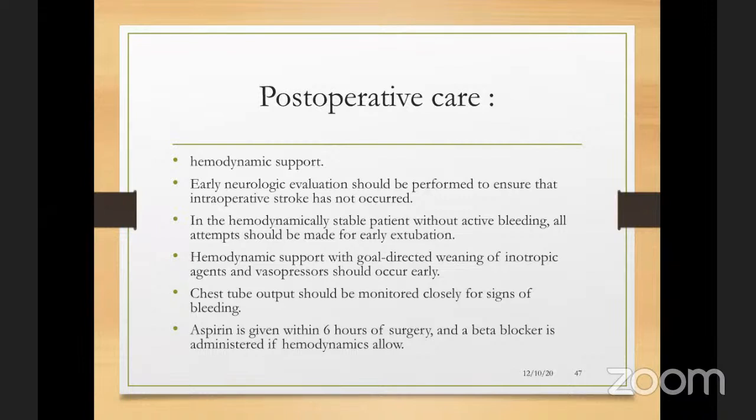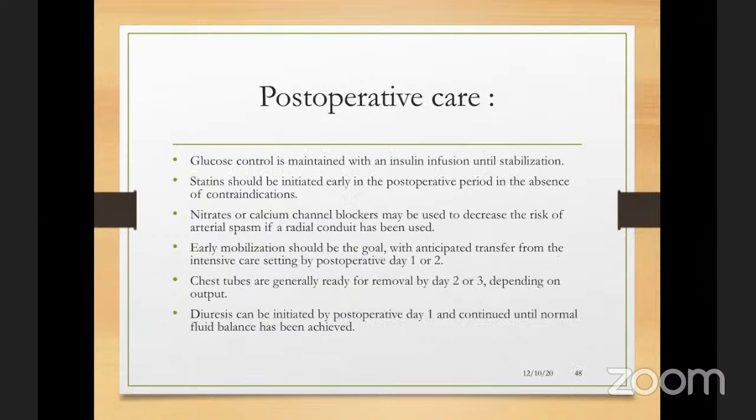Aspirin is to be given within 6 hours of surgery, and a beta blocker is administered if hemodynamically allowed. Glucose control is maintained with insulin infusion until stabilization. Statin should be initiated early in the post-operative period in the absence of contraindication.